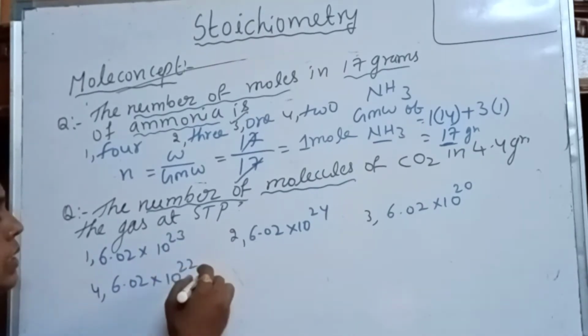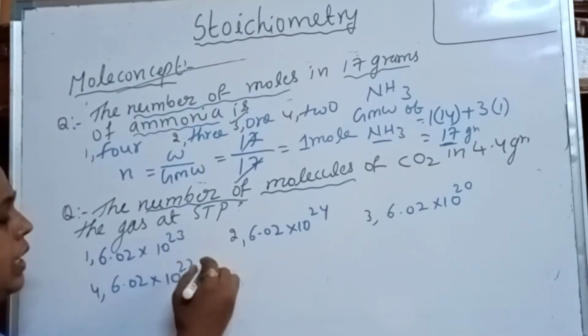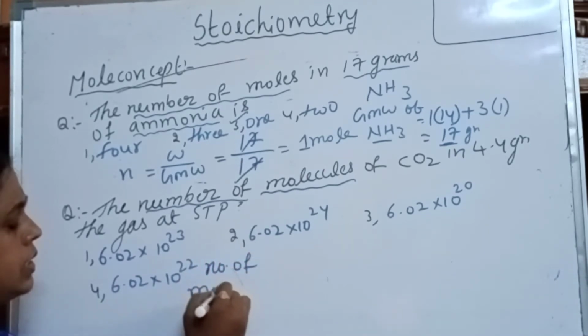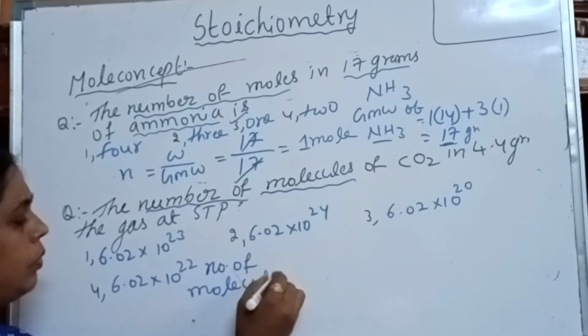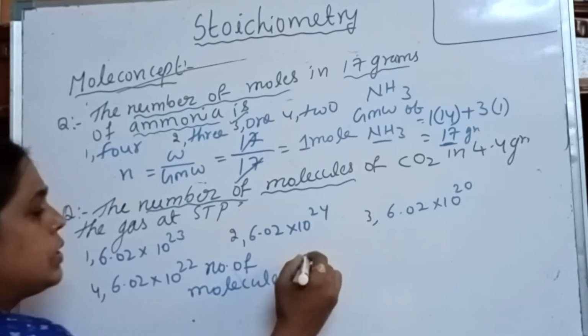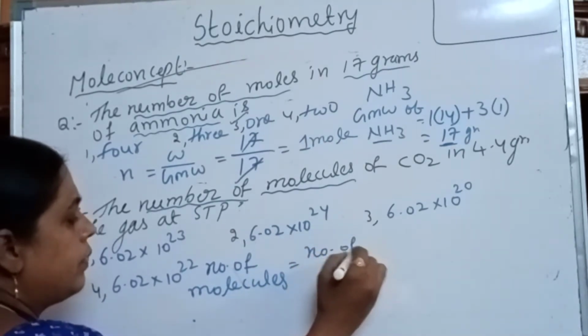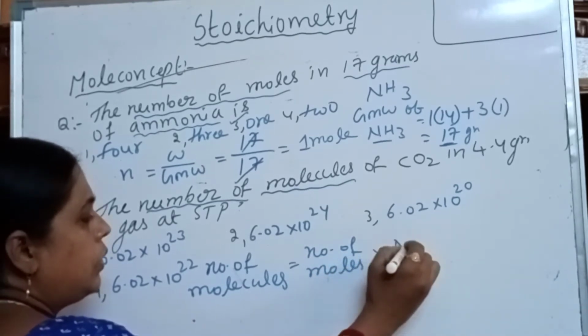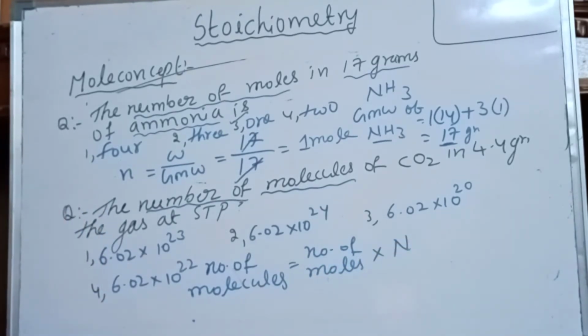So for this, the simple formula for the calculation is: number of molecules is equal to number of moles into Avogadro's number, isn't it?